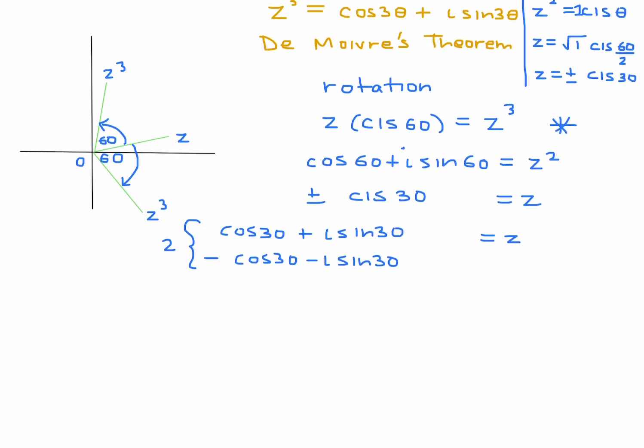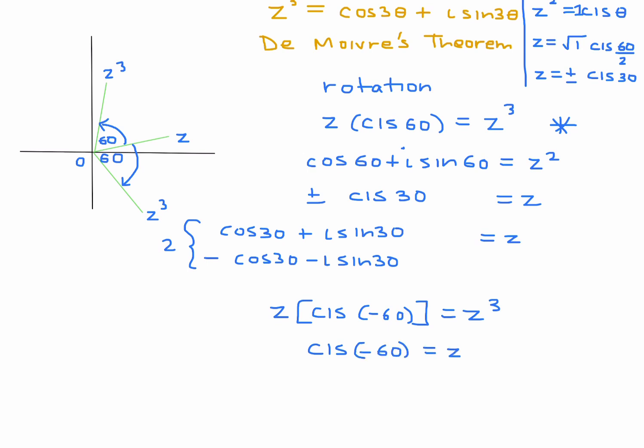You would get z times cis of negative 60, because the formula is basically for counterclockwise rotation. So if you're going clockwise, you've got to put negative there, and that is equal to z to the power of 3. So if you take z and you rotate in the opposite direction 60 degrees, you get z to the power of 3. So this gives me minus 60.